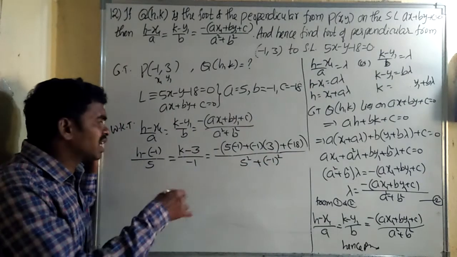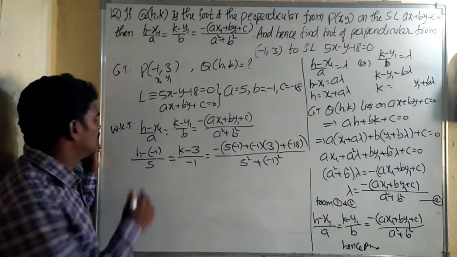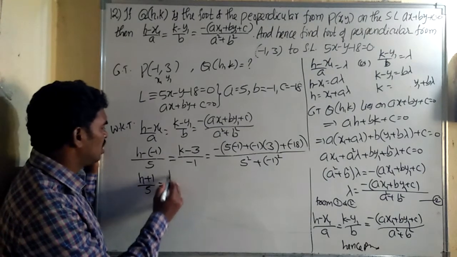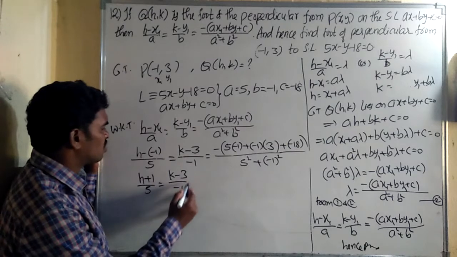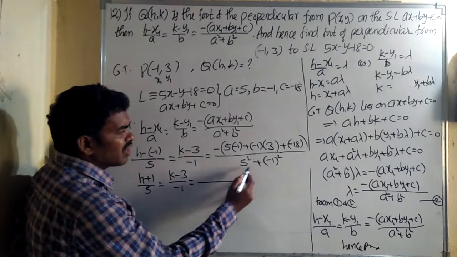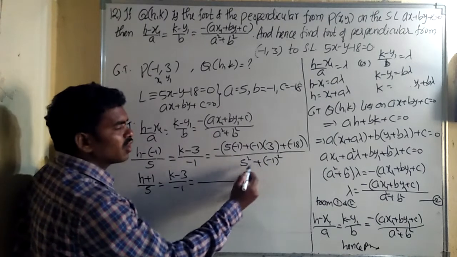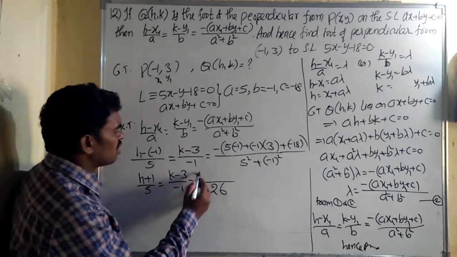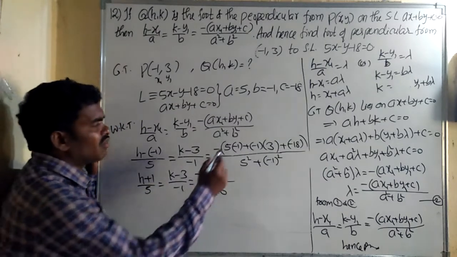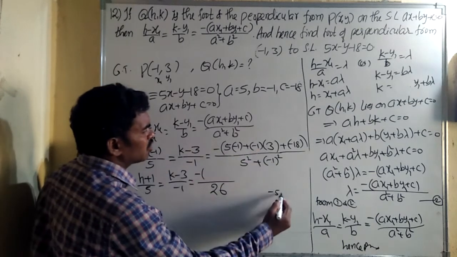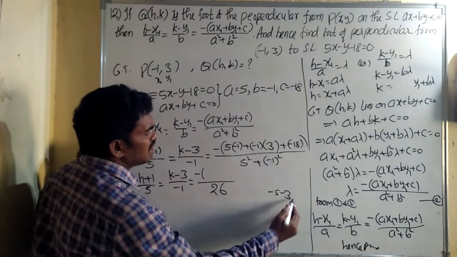By simplifying this we can get h and k values. So minus into minus is plus: (h plus 1) by 5 equals (k minus 3) by minus 1 equals, 5 square is 25, minus 1 square is 1, 25 plus 1 we get 26. So minus of numerator: 5 into minus 1 is minus 5, minus 1 into 3 is minus 3, minus 18. Here I am doing rough work.